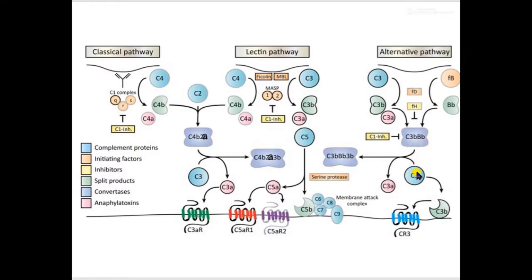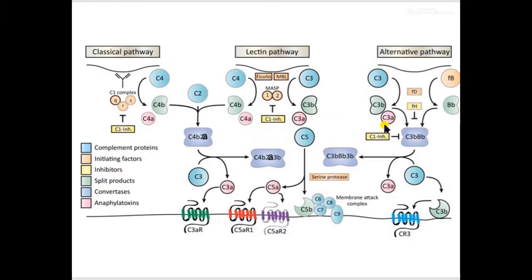The C3bBb further combines with again C3b components, and then it comes up as C3bBb3b, and the 3b components are also bound, and further a cascade fashion is also being formed. Once this has been activated, it will convert the C5 into C5b, and then the 5, 6, 7 complexes will be bound, and the cascade is triggered.